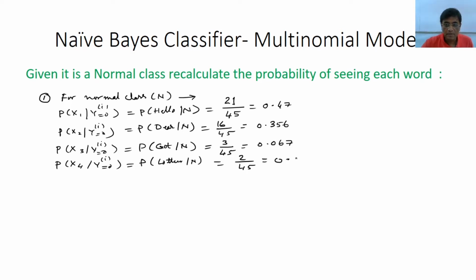This is so simple. Meaning 3 by 45, 0.067, okay, and then now instead of 5, if it is 20,000 or 50,000, that great formula will give you directly.